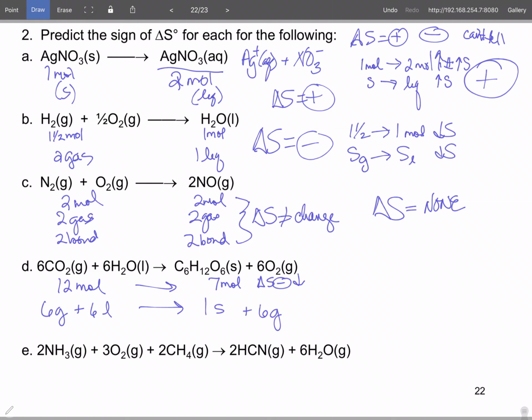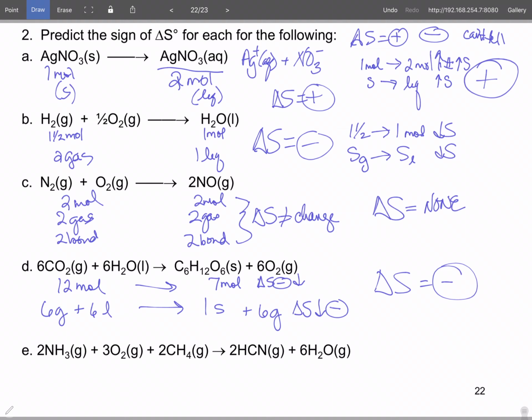So you could eliminate the gases and you've got 6 liquids going. So delta S, again, will be decreasing, so it'll be negative. So the change here is negative. All right, I'm going to pause a second. Pause the video. Try to do this last one on your own. I will continue working at it so you can look at it.